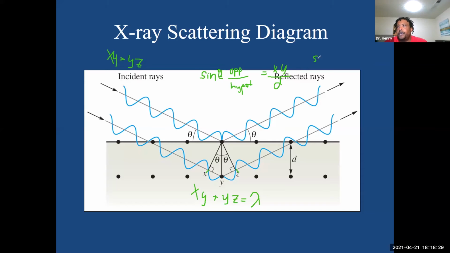So we can say d sine theta equals xy. We plug this in for both of these, so then we get d sine theta plus d sine theta equals lambda.